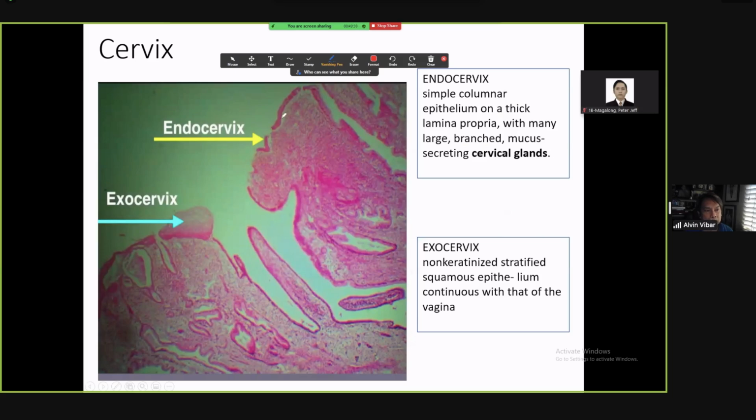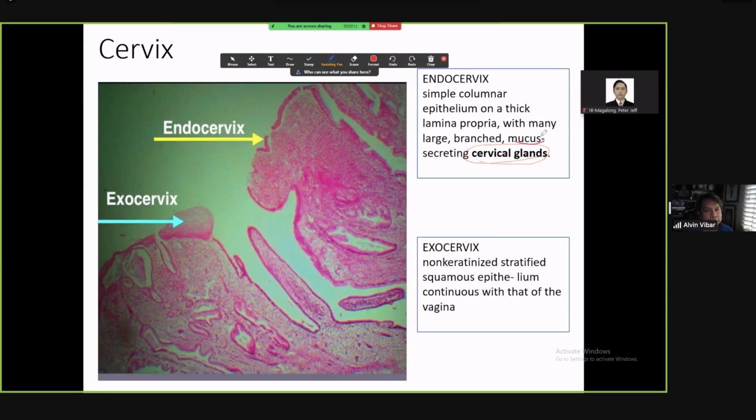All you have to do is to look at the lining epithelium. The lining epithelium of the endocervix is just a continuation of the lining epithelium of the uterus. Simple columnar epithelium. And you could see the glands, okay? In the uterus, we call them uterine glands, but in the endocervix specifically, we call them cervical glands, okay?